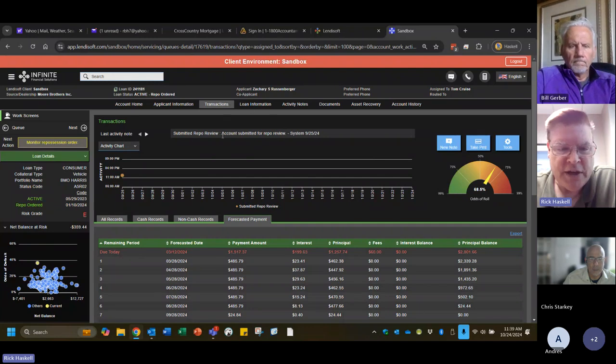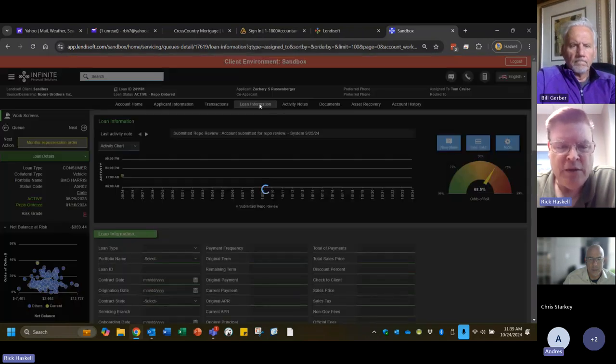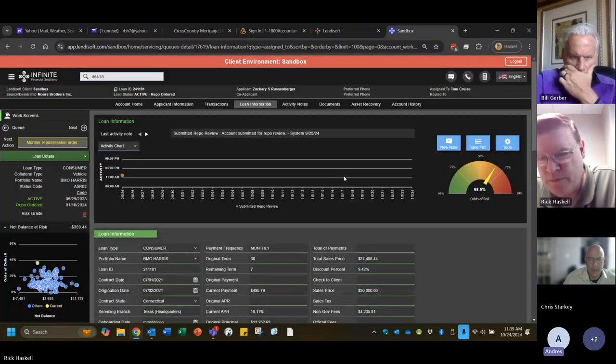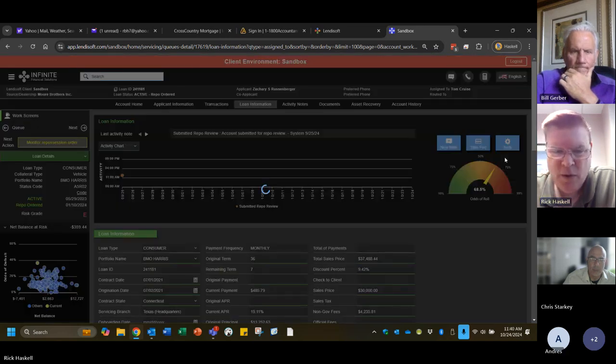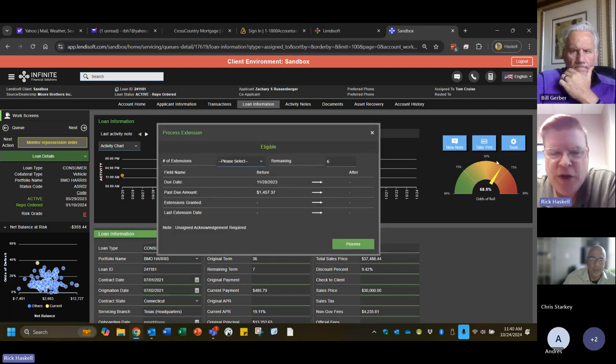So that's the transactions. So just real quick, let's say, for example, they want to extend the loan. You click on that and it gives a prediction, for example. I'll show you. We'll click on process extension. What you're going to get is a little pop-up window, and it's going to tell you, how many extensions are we granting right now?